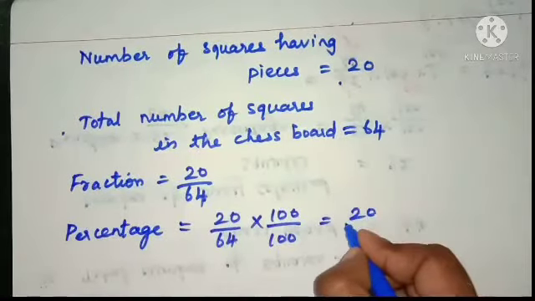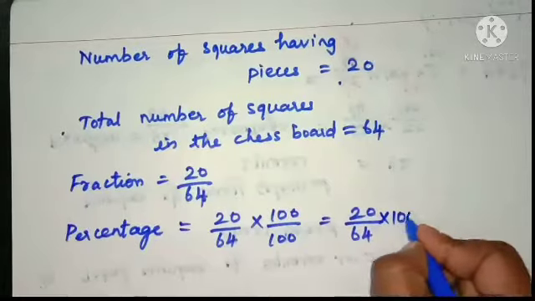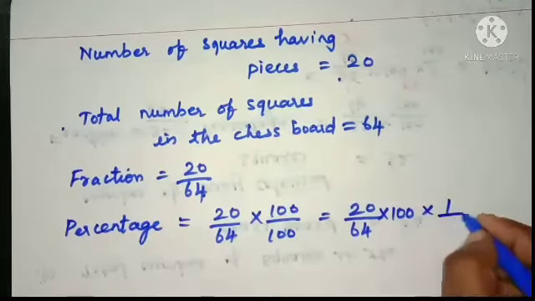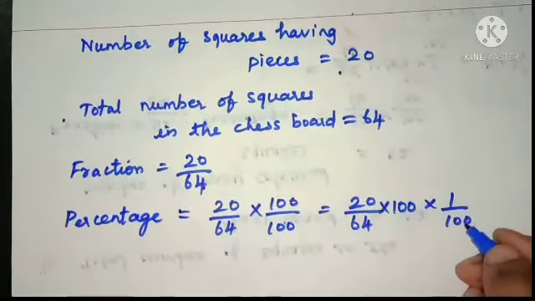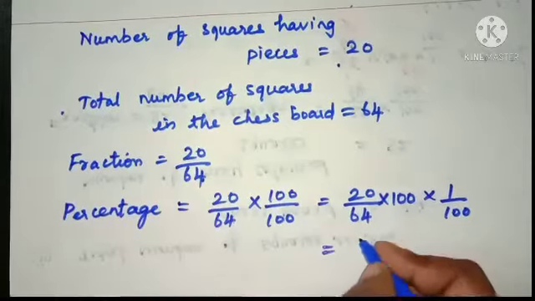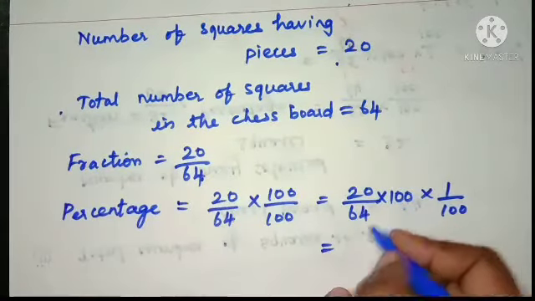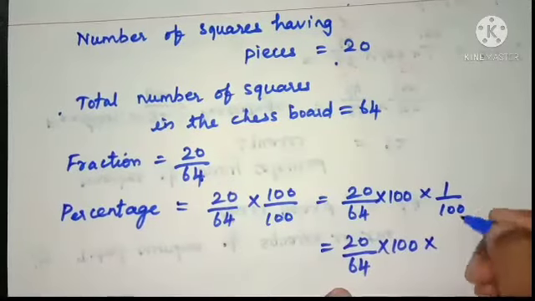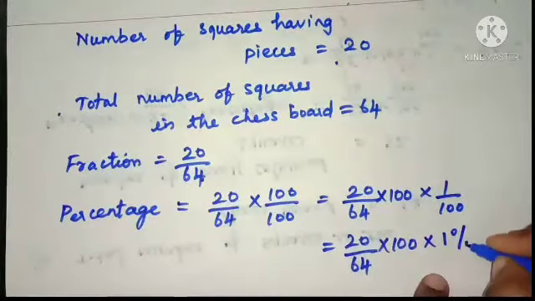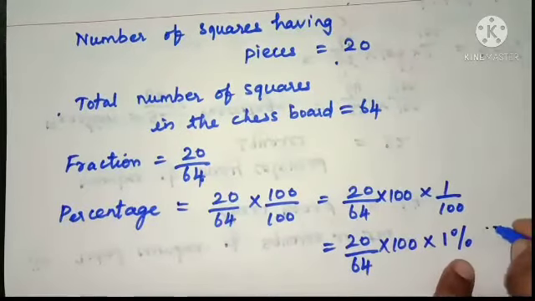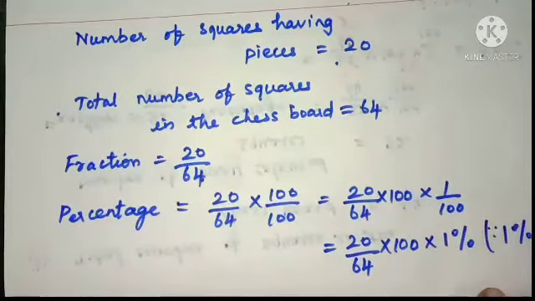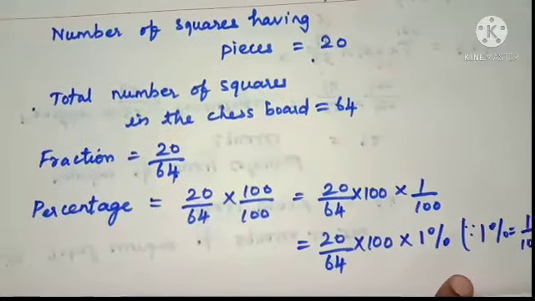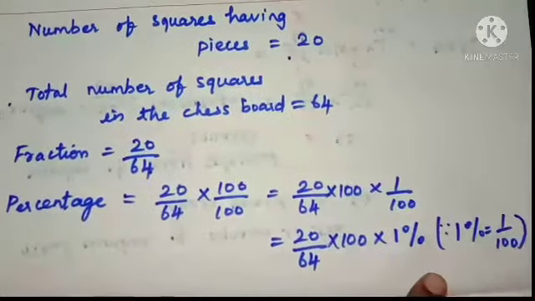In the next step, bring 100 to the product and keep 1 by 100 aside. Now 20 by 64 into 100. We have to simplify. Now 1 by 100 can be written as 1% because 1% is equal to 1 by 100.